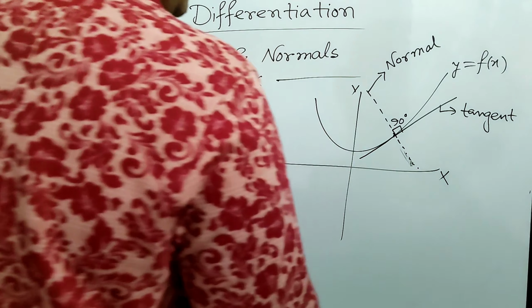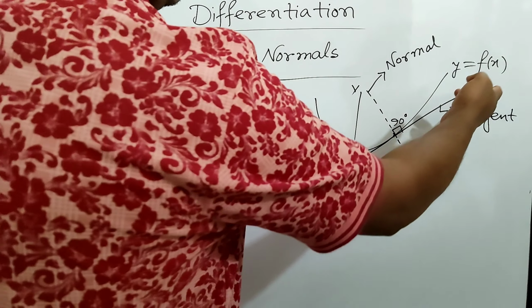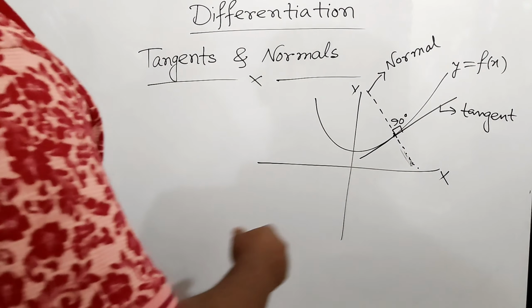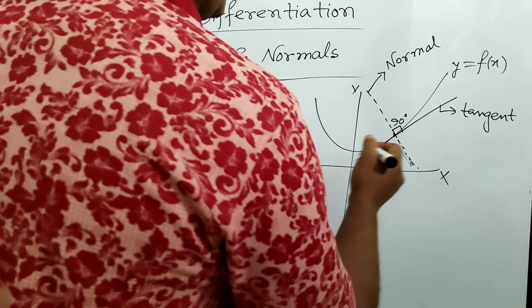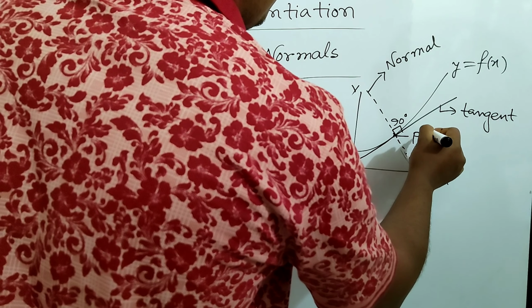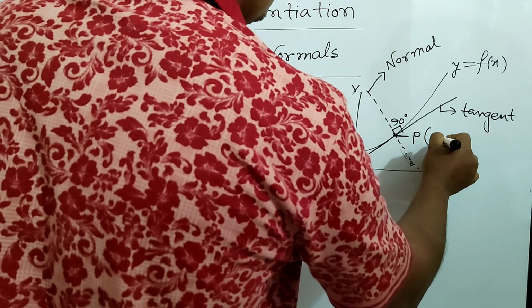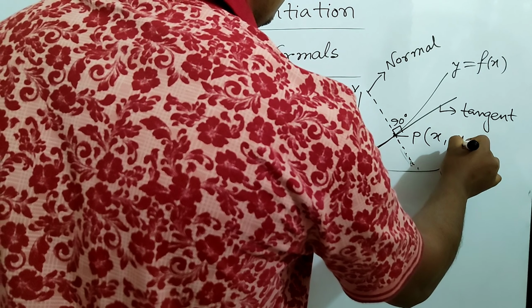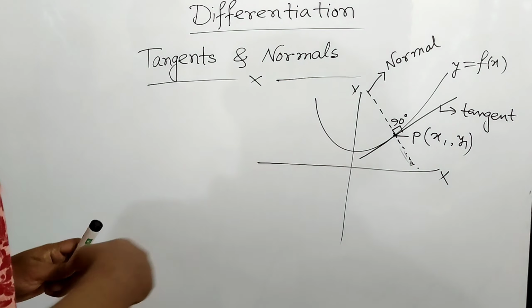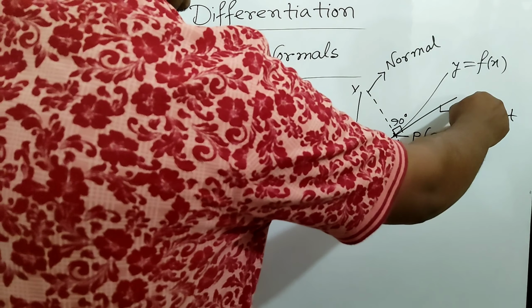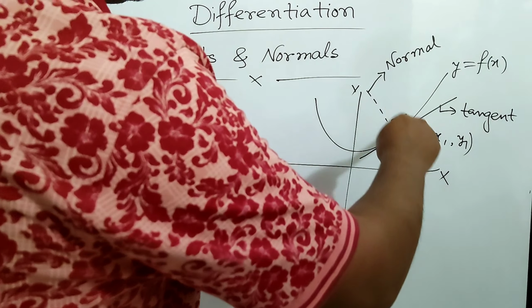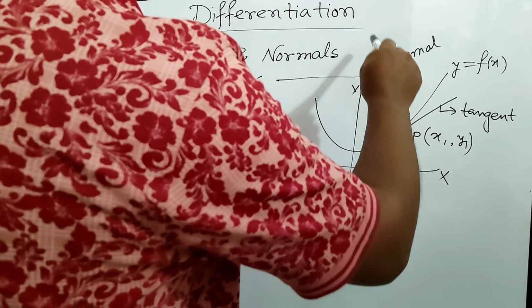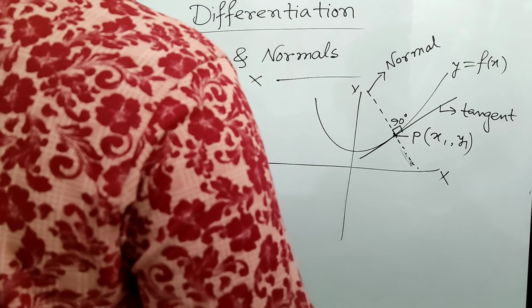So if this line is the tangent, and we draw a perpendicular line at point P, suppose this is the point P, and let's say this point is (x1, y1). This is the point P and this is the tangent. Now if we draw a perpendicular line at that point, this is called the normal.